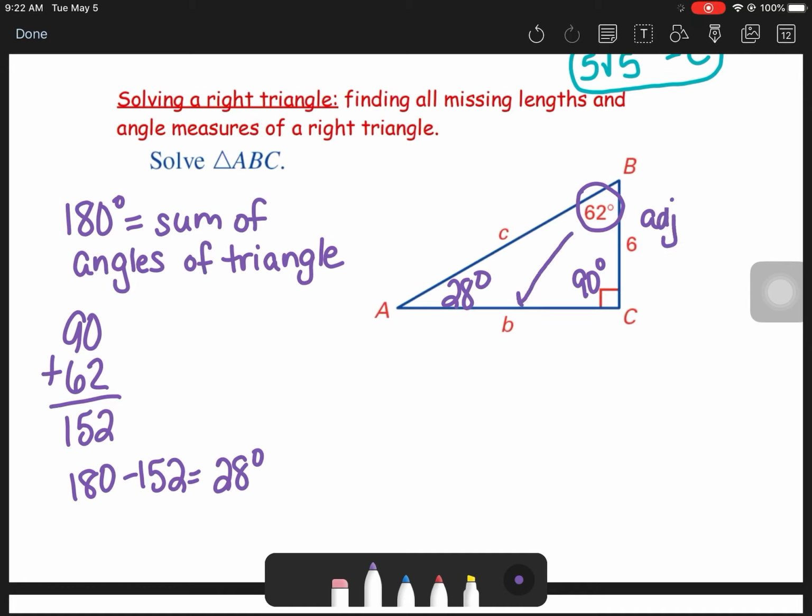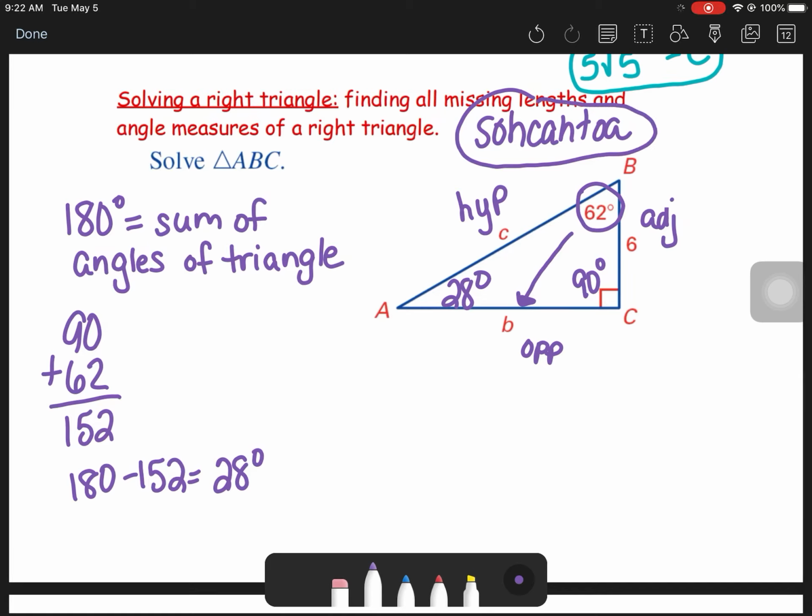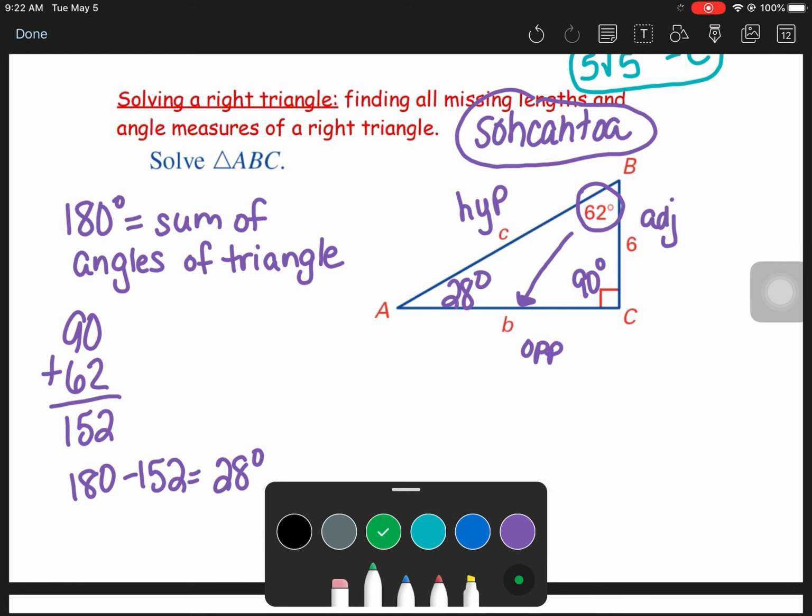Our other side, B, is going to be our opposite side, and our hypotenuse is going to be C. So remembering our SOHCAHTOA, we want to use our 62 degrees and our 6 to find the missing sides. Since we know the adjacent side is 6, we could use cosine because we want to use one of our measurements that has an A in it.